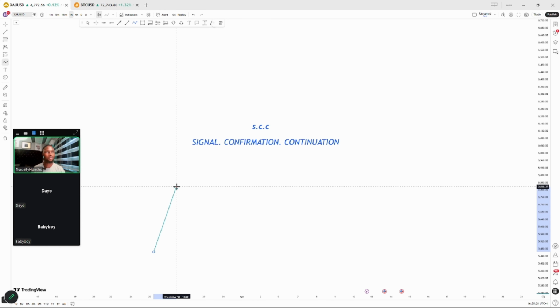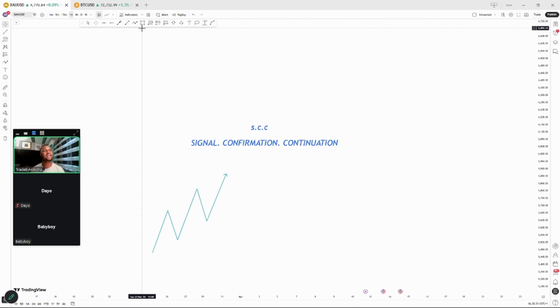So if the market is going up, it's going to go up a little bit, then go down like this, and go back up again, come down again, and go up again. Now this thing is showing that the market is going up. We call it the market structure.